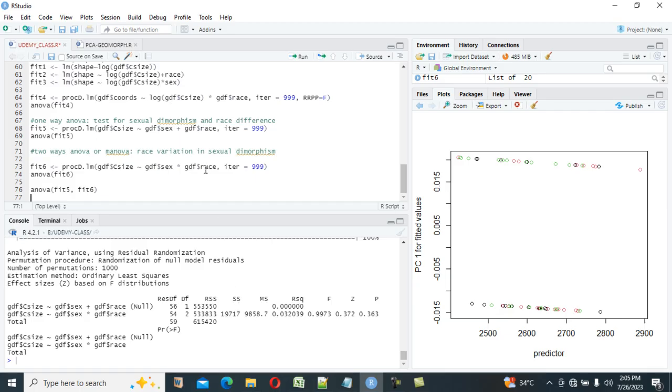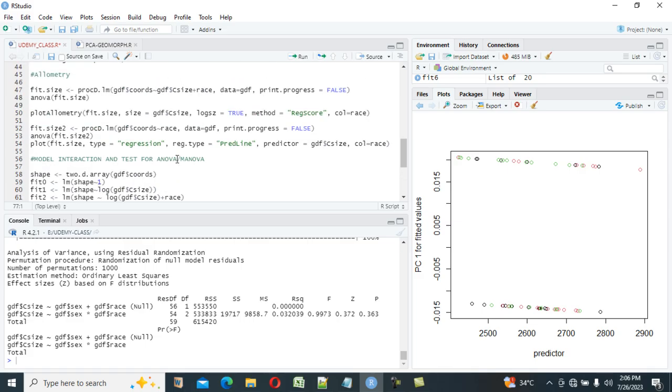I try to test the significant nature of each of those populations or races on the sex or sex on races, at the same time looking at the sexual dimorphism differently, and also the relation between each of them, how they interact together. So these are the tests you can perform statistically in R.